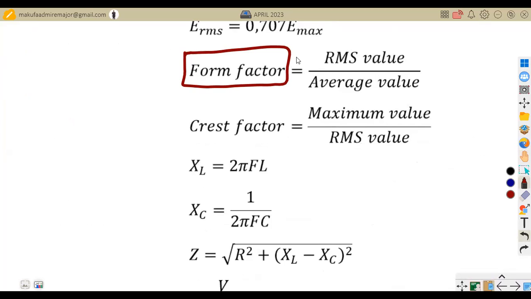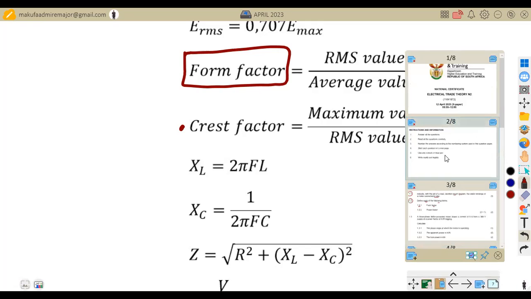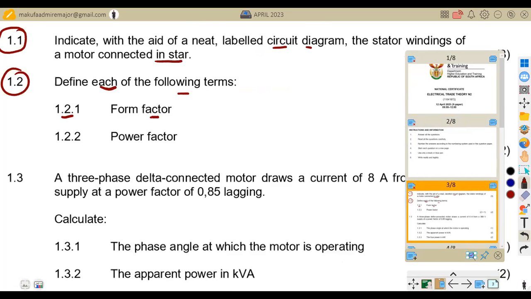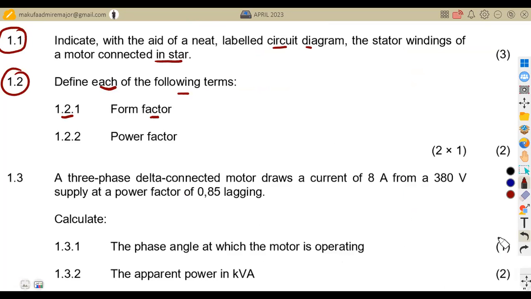So you can define it as the RMS value divided by the average value. From the formula, you can actually define it like that, the same as the crest factor. When you are limited in the exam, please check on your formula sheet so that you can be assisted on how to define this part.